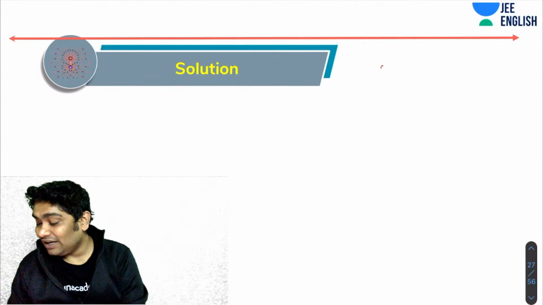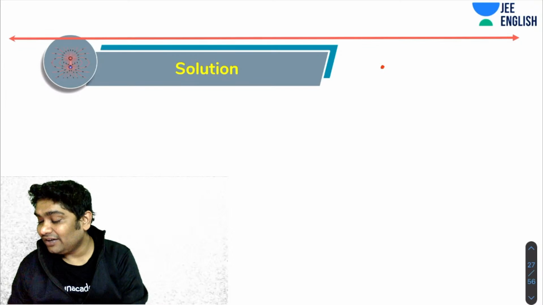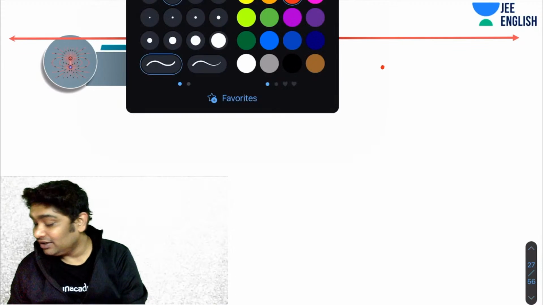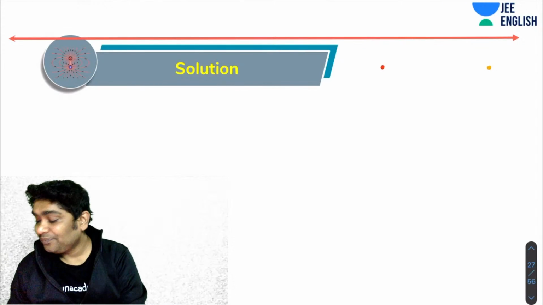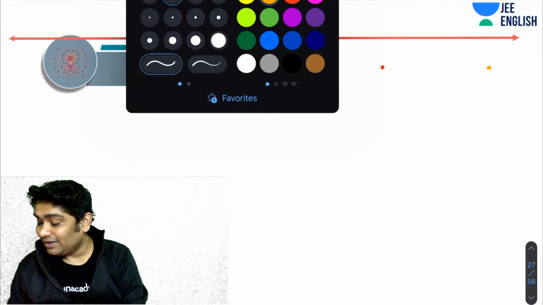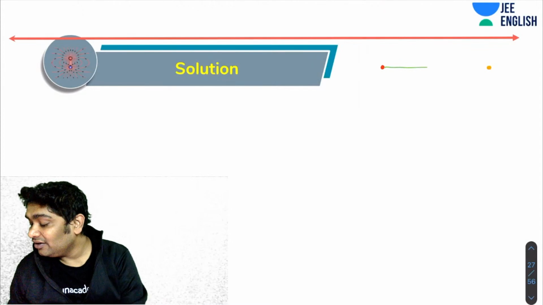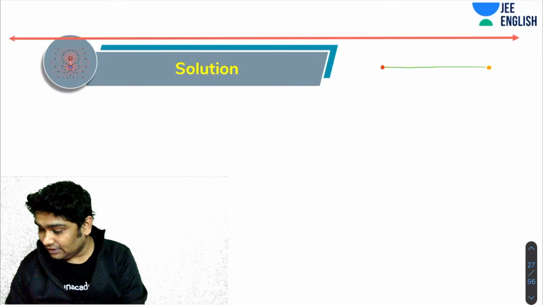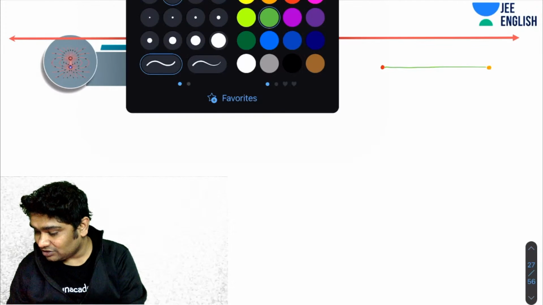So let's say you have one charge here. And you have another charge here, and this is separated by a distance of 10 meters.